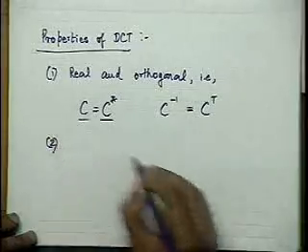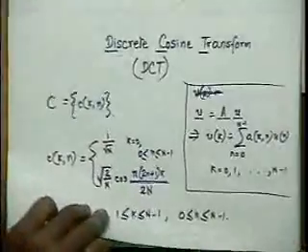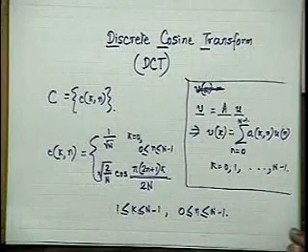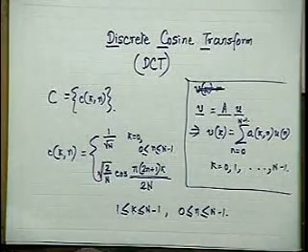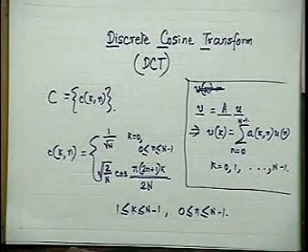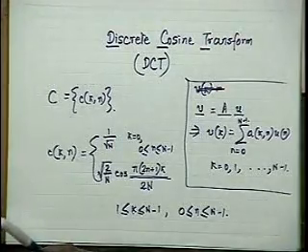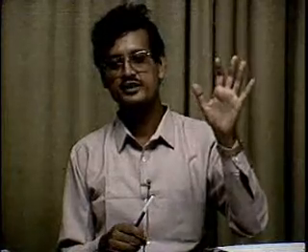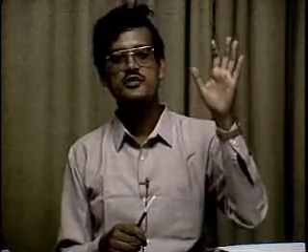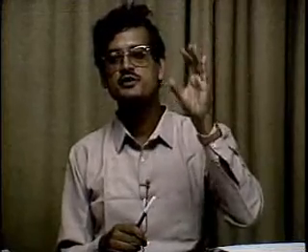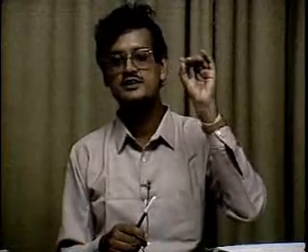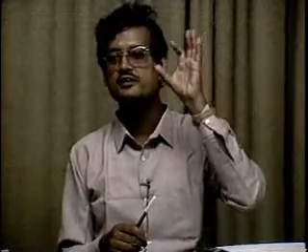Then I think many of us have got a misconception that the discrete Fourier transform expression has got the real part as well as the imaginary part. Each DFT transformation matrix element has got a real part and an imaginary part.